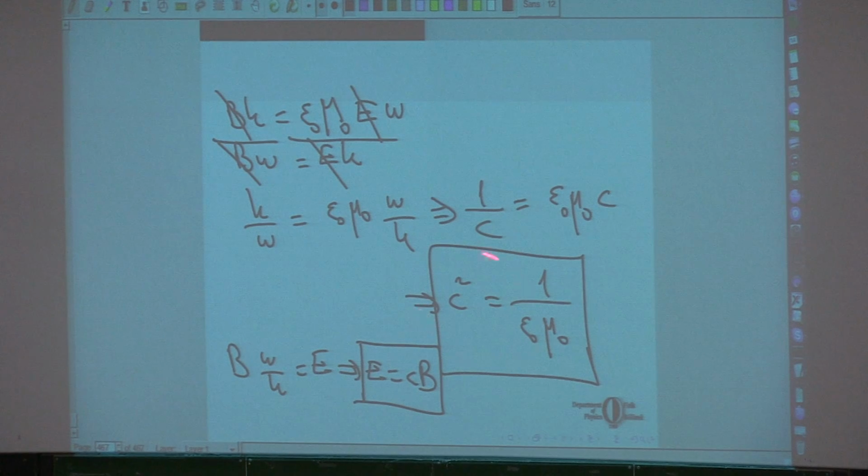Furthermore, its speed, the c, should be 1 over the square root of epsilon 0 mu 0. So now we have proved that the Maxwell's equations have wave solutions which move at this speed.